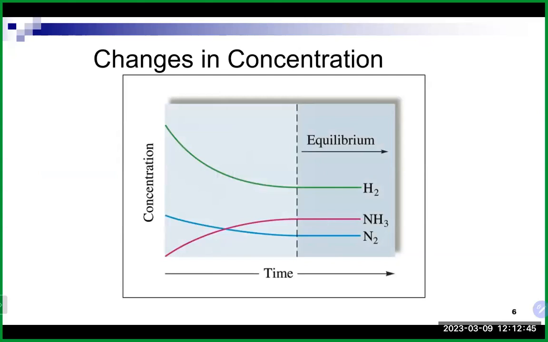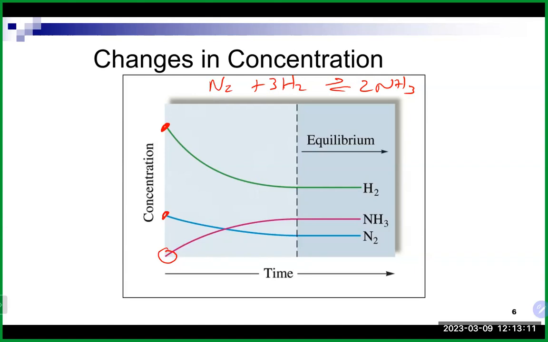And that's what we see here. This actually is the production of ammonia that we were just looking at, N2 plus H2, making our NH3. We can see initially, at the start of the reaction, it is all reactants. We have no products here.